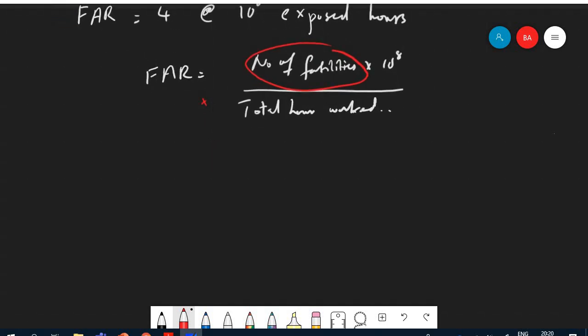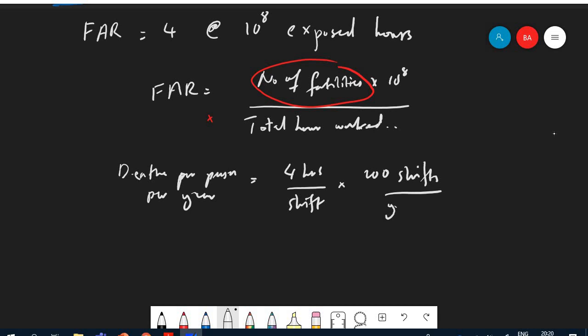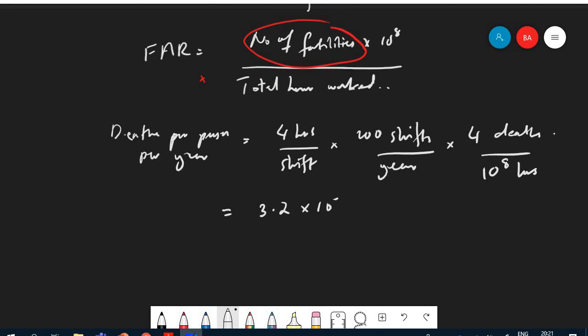So the deaths that I'm trying to calculate per person per year will be equal to 4 hours per shift, that's the total hours worked, into 200 shifts per year, and this is multiplied by the FAR, which is 4 deaths per 10 to the power 8 hours, and by that I'm going to get the answer, which is 3.2 into 10 to the power minus 5 death per person, of course, as we said, per person per year.